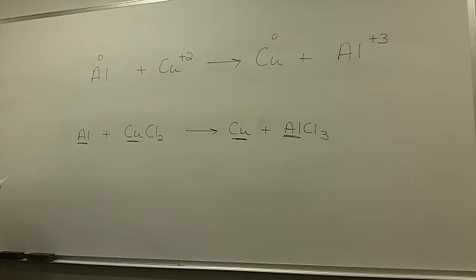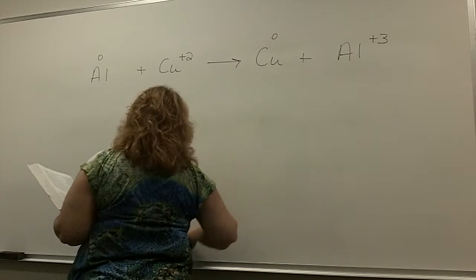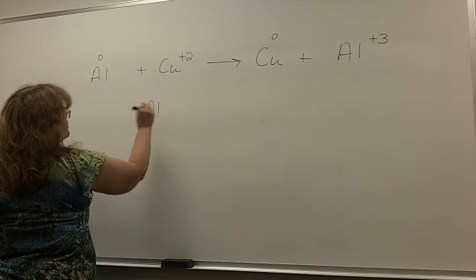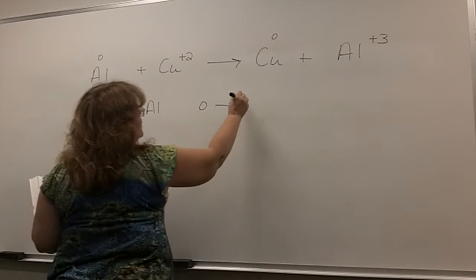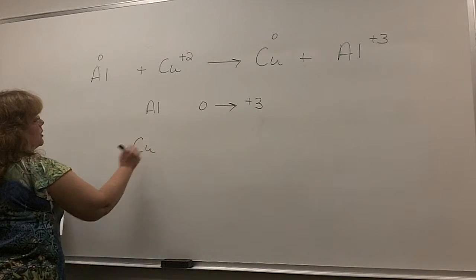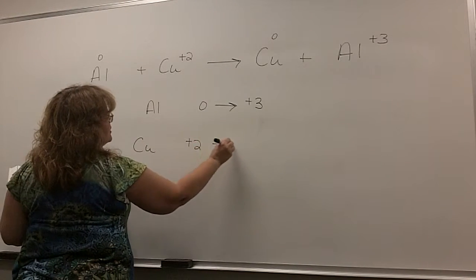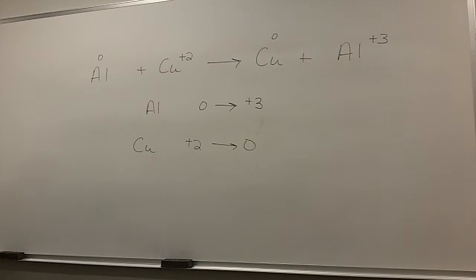So what we do is we take the aluminum, and do the same kind of thing we were doing with the other oxidation reduction reactions. We're going from 0 to +3. The copper, we're going from +2 to 0. Anything else that's in the reaction, we're not going to worry about. We're just dealing with the metal ions that have actually traded places. So, what's gone on with the aluminum?